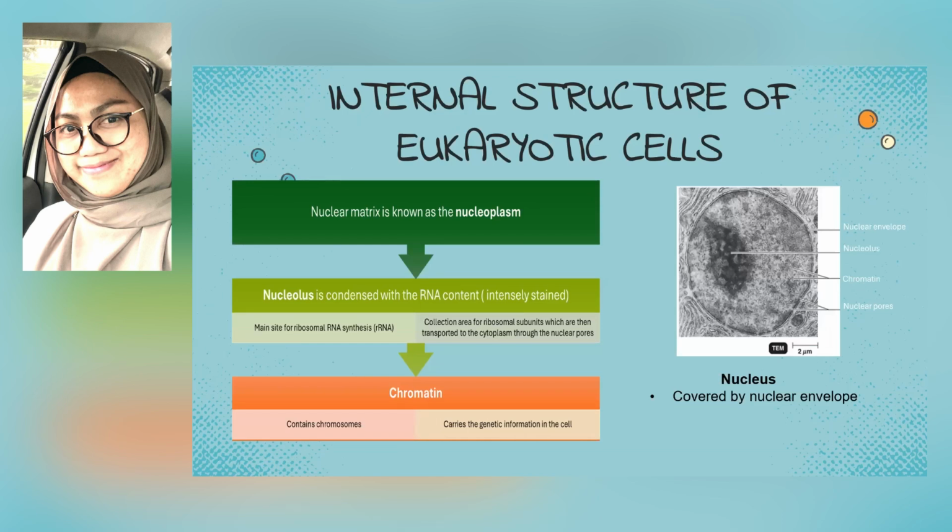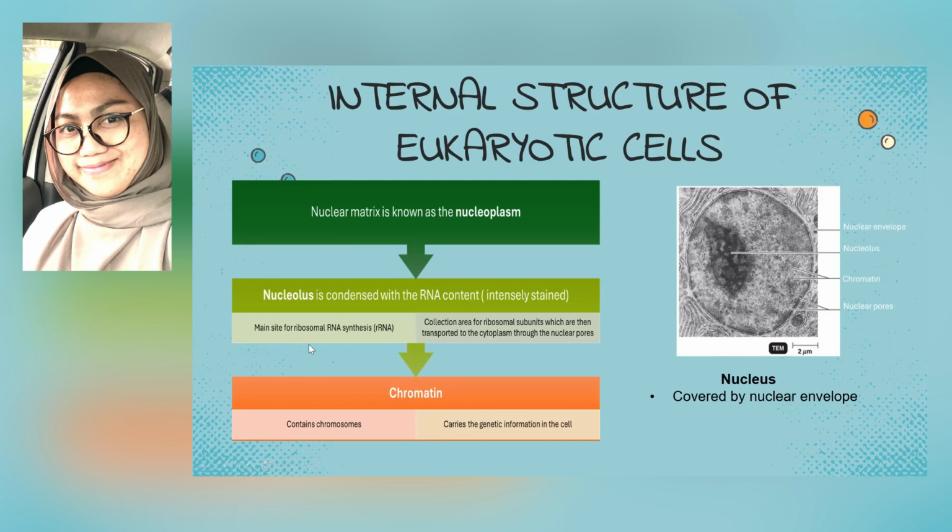Internal structure of the eukaryotic cell. This is the picture of the nucleus. The nuclear matrix is known as nucleoplasm. The nucleolus is condensed with RNA content.